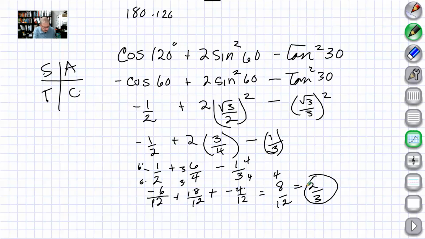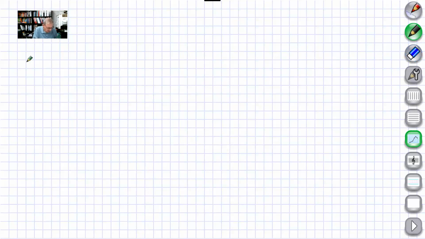Okay, let's look at the next one. Evaluate each function by first expressing the terms in a function of an angle between 0 and 360. Isn't that what we just did? This is example 5. They gave us the cosine of 780. I would just subtract 360 from it. 420, too big.